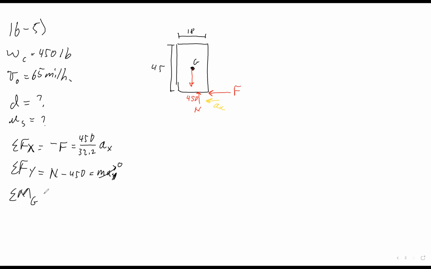Okay, finally, the moments about G. Well, the normal force, this is, let me get rid of this acceleration. That was just for me talking. Okay, so we need an idea where this normal force is actually acting, because since the normal force is perpendicular, going straight vertical in this case, we need to know how far in the horizontal from the center of gravity the normal force is being applied.